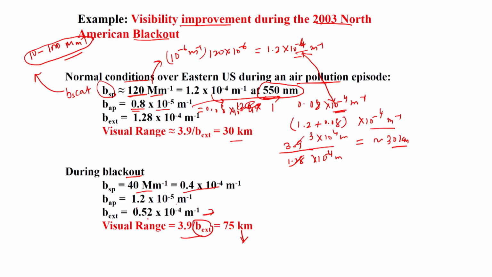That is actually 75 kilometers. This is practically not possible, a very high value, but these are theoretical considerations that give some idea that visibility can be related to the scattering coefficient and absorption coefficient, or the extinction coefficient.